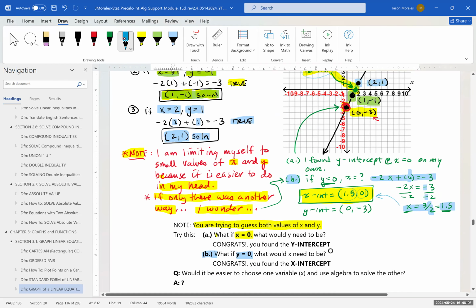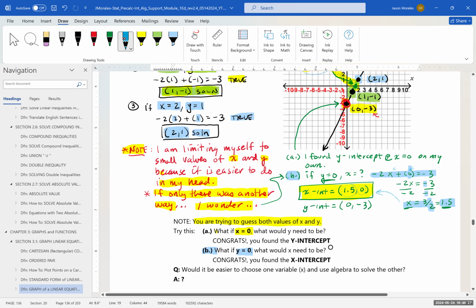What's nice about plotting x-intercepts and y-intercepts is that you can just put in 0 for y or 0 for x, and anything times 0 is 0. All you need to graph a line is two points, so x and y intercepts are really convenient when it comes to graphing linear equations. Let me know if you have any questions.